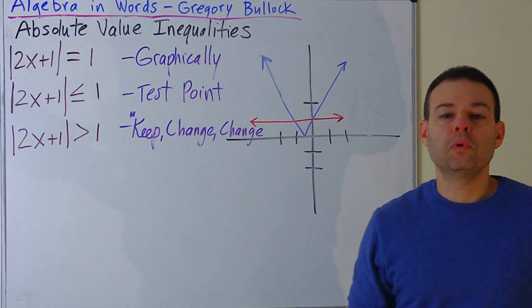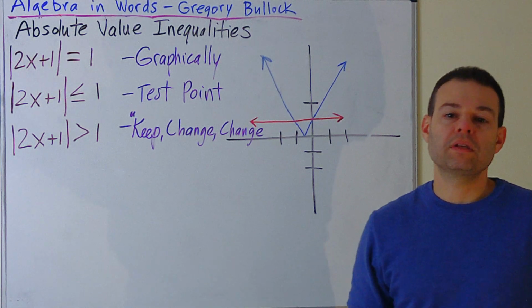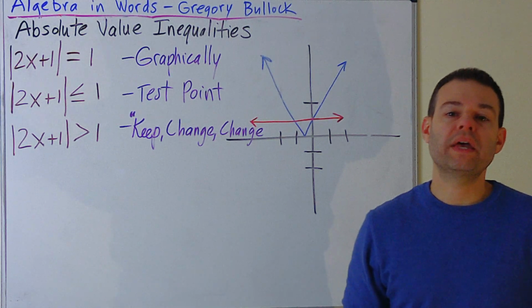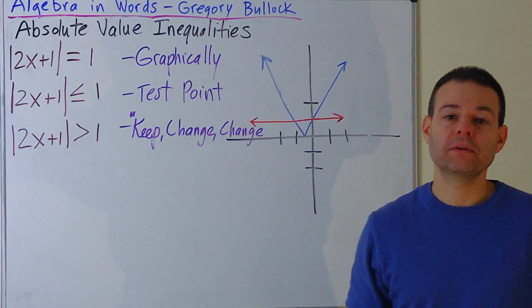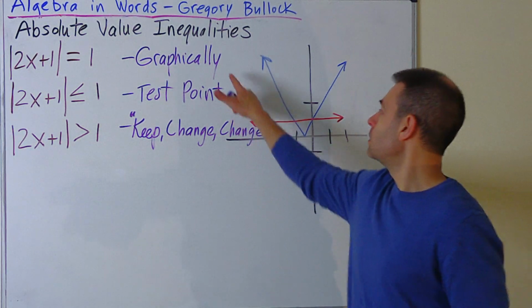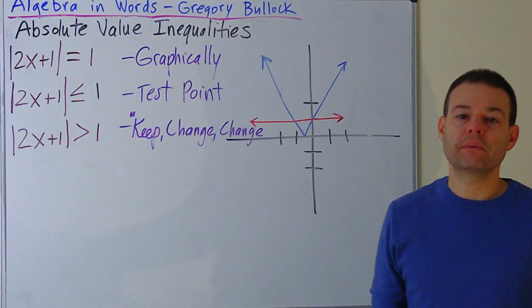What I put on the board are the three methods that you can use to solve an absolute value inequality. One method is graphically, or the graphing method.